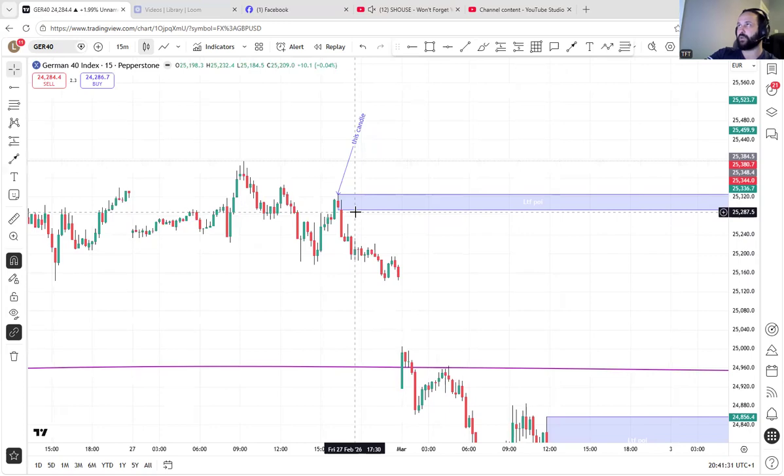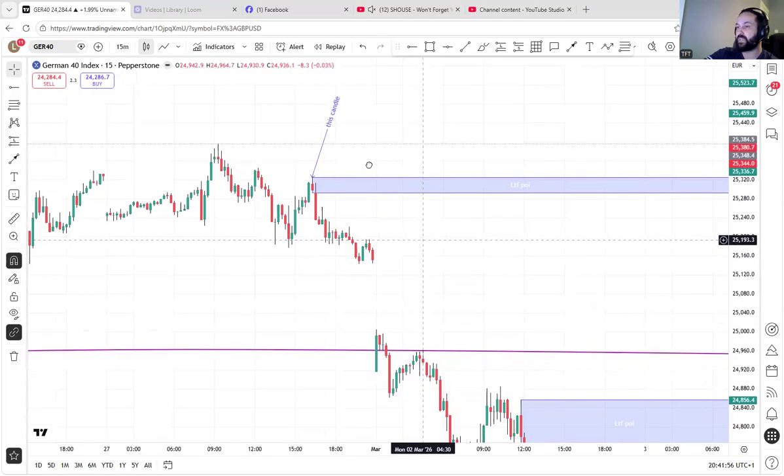The big push is lots of orders, and you've got to think it takes hundreds of millions of pounds to move the market to create this candle. So who can afford that kind of money? The banks, the institutions, or whatever. The imbalance is the indication that it might be big players in the market.